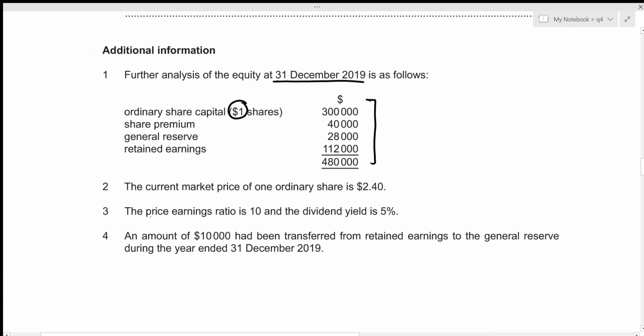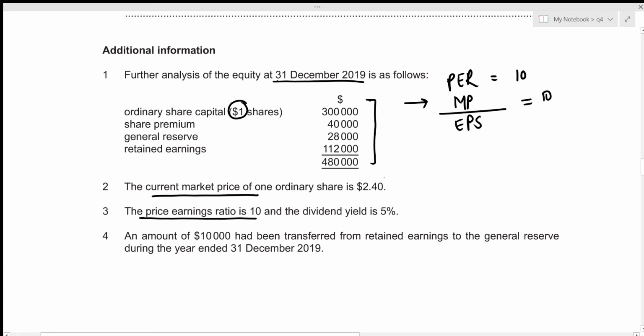Okay, so the first ratio is price earnings ratio, and it has the value of 10. We know that the formula for price earnings ratio is just going to be the market price of the share divided by the earnings per share, and this is 10. We are already given the current market price of one ordinary share, which is 2.40.